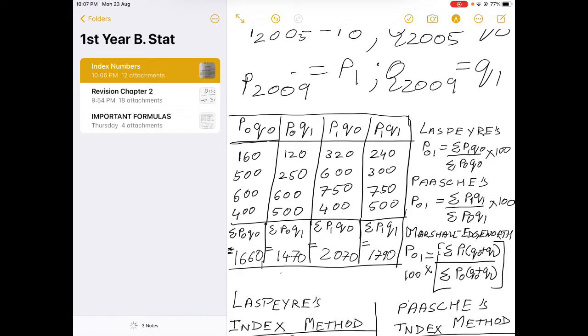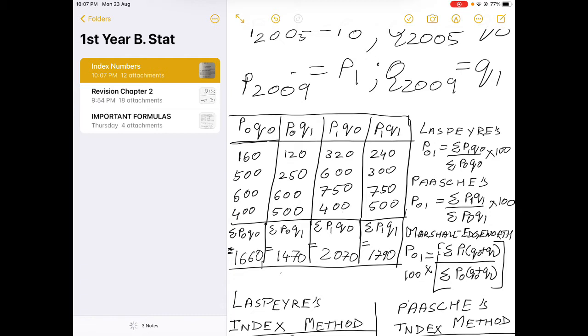Now given these values, we will use the formulas given on the right to calculate the three major index numbers: Laspeyres, Paasche and Marshall-Edgeworth. Laspeyres is summation of P1 Q0 divided by summation of P0 Q0 into 100. Paasche is summation of P1 Q1 divided by summation of P0 Q1 into 100. Marshall-Edgeworth combines both of them.